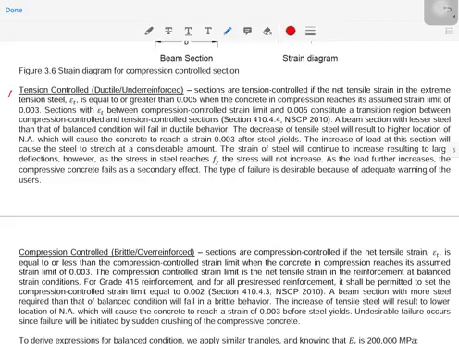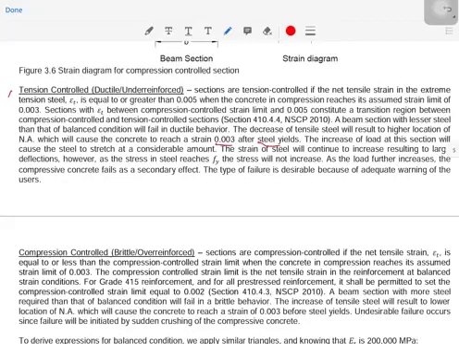A beam section with lesser steel than that of balance condition will fail in ductile behavior. The decrease of tensile steel will result in a higher location of NA, which will cause the concrete to reach a strain of 0.003 after the steel yields.